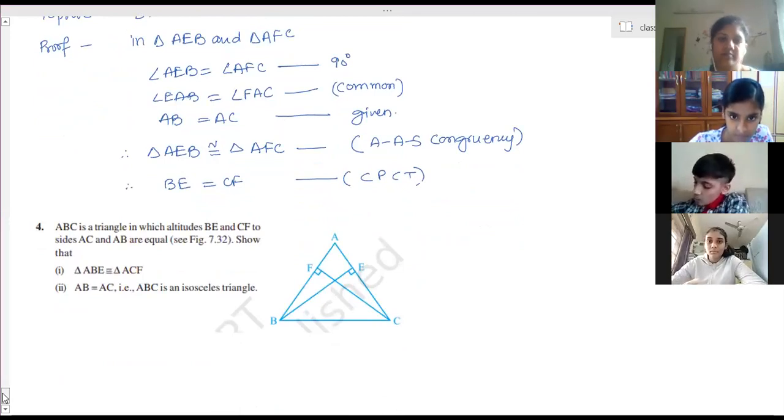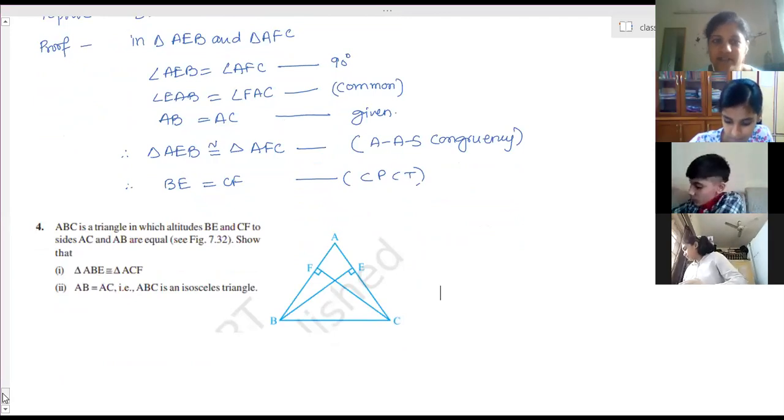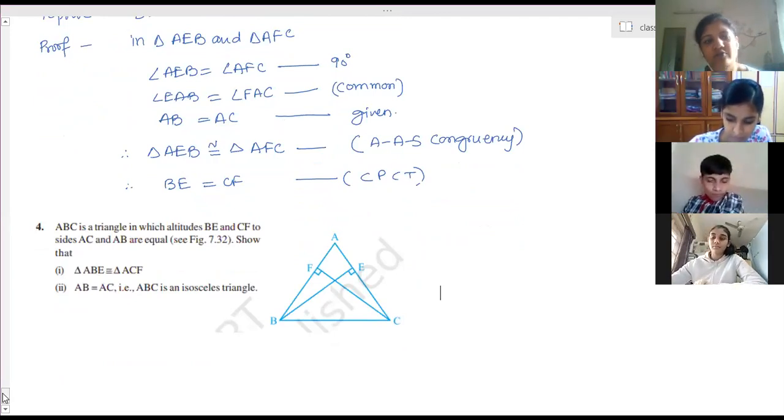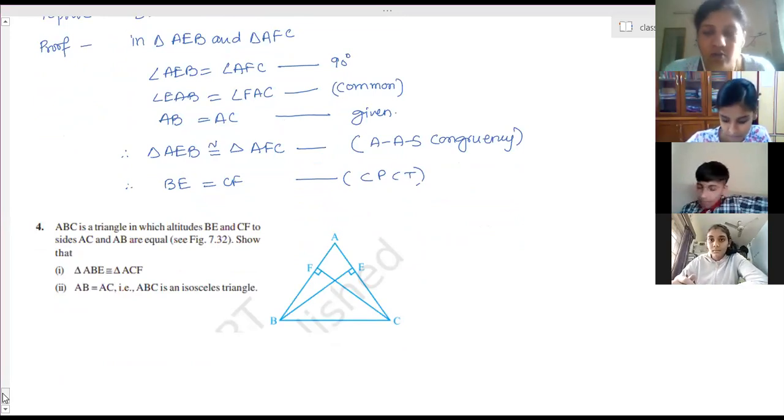Fourth one looks similar, but reverse. Now here BE and CF are given equal and you have to prove the triangle is isosceles. This is the converse of the third part. Here they have given that altitudes are equal and you have to show the triangles are congruent and the triangle is isosceles.